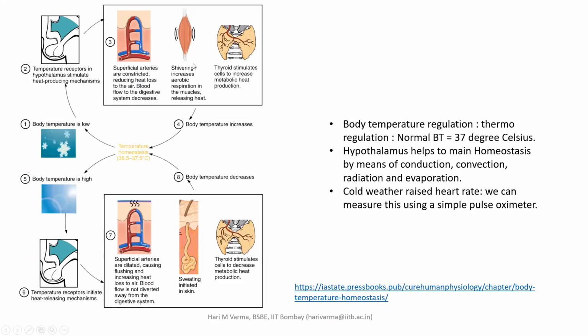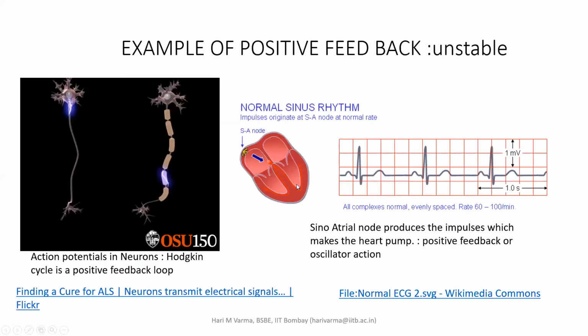We will start shivering so that heat will be generated. Similarly, the thyroid will tell the cells to generate more heat so that the body temperature will start increasing. So again, a negative feedback. Similarly, if body temperature goes high, the same mechanisms will happen. How individual mechanisms achieve it is a different story. It requires a lot of biological background, but generally this is how you can view this problem.